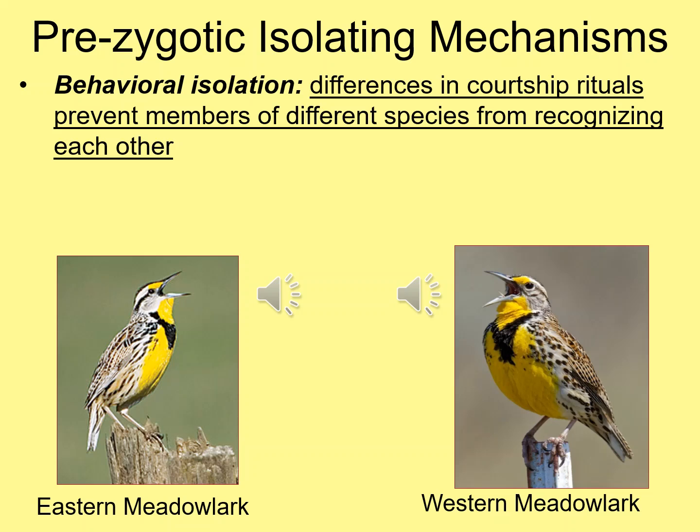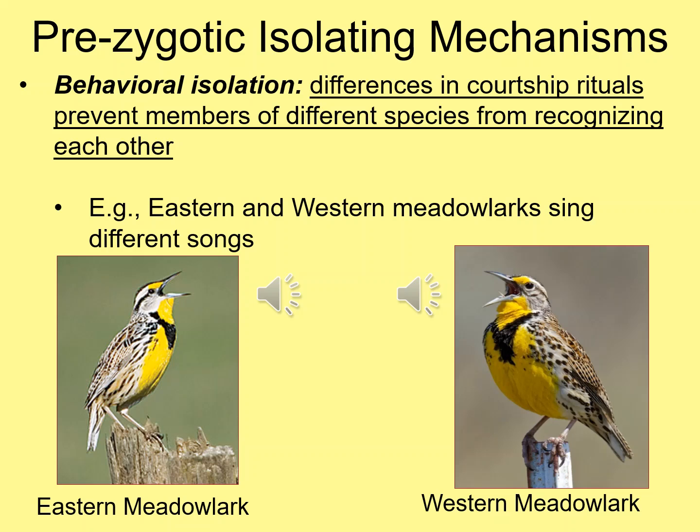Again, you may be in a situation where the geographic ranges of the species overlap. In some cases they overlap quite a bit, meaning that they are in the same general geographic area at the same time. They may even be living in the same habitat at the same time, but they don't recognize each other because you have different courtship mechanisms, and that's preventing those hybrids from forming.